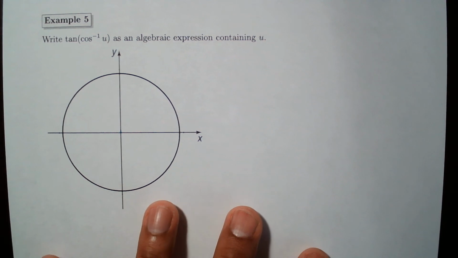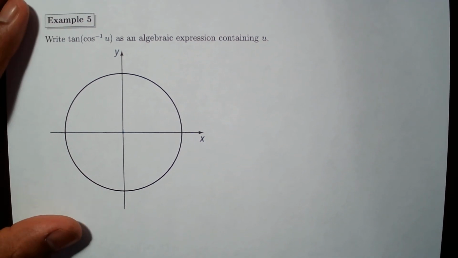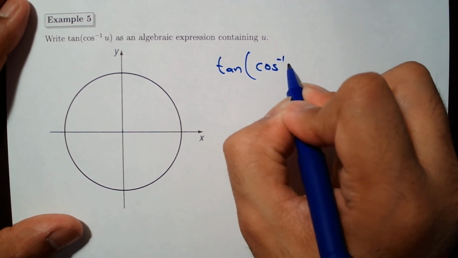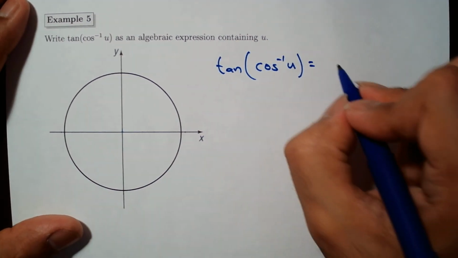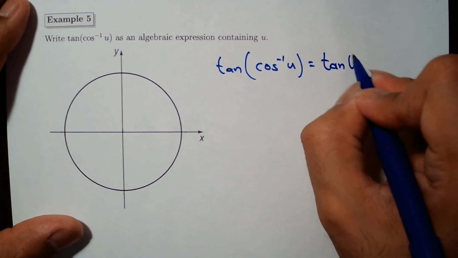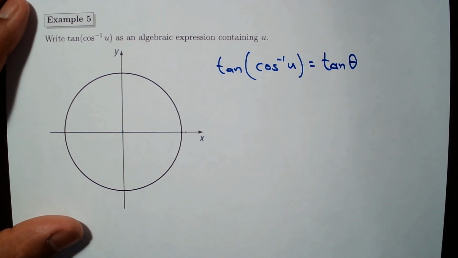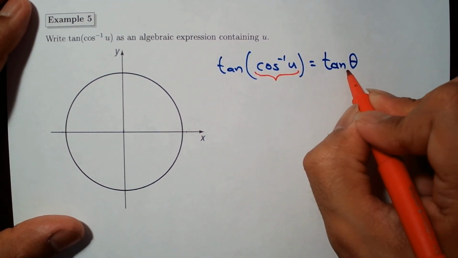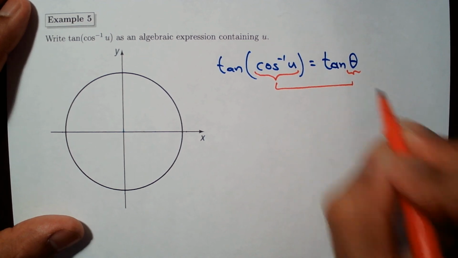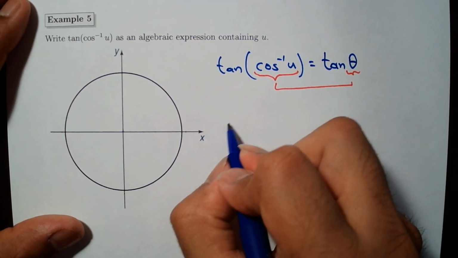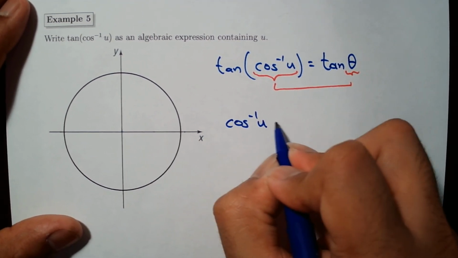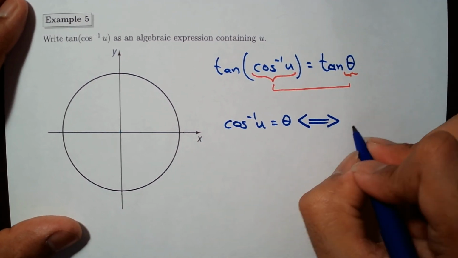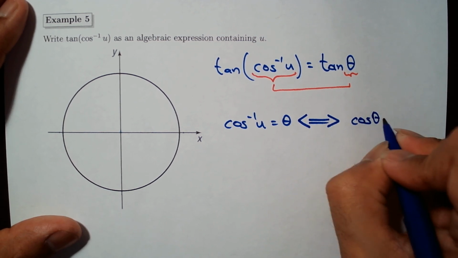Tangent of cosine inverse of u. So this is the same as saying tangent of some angle theta, which we will figure out. Again, I'm going to relate these two, and write cosine inverse of u equals theta, which means that cosine theta equals u.